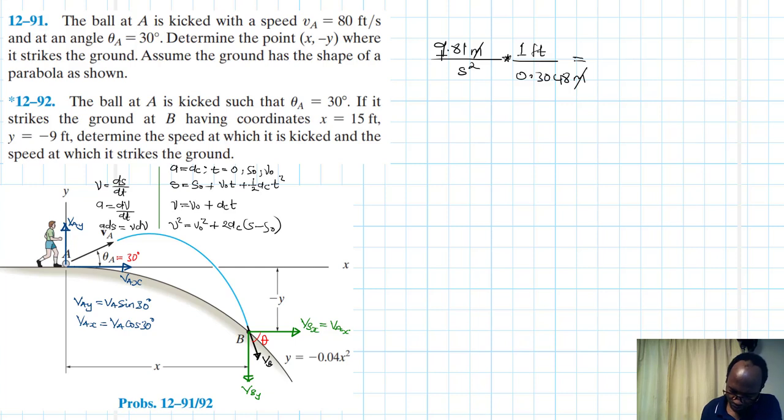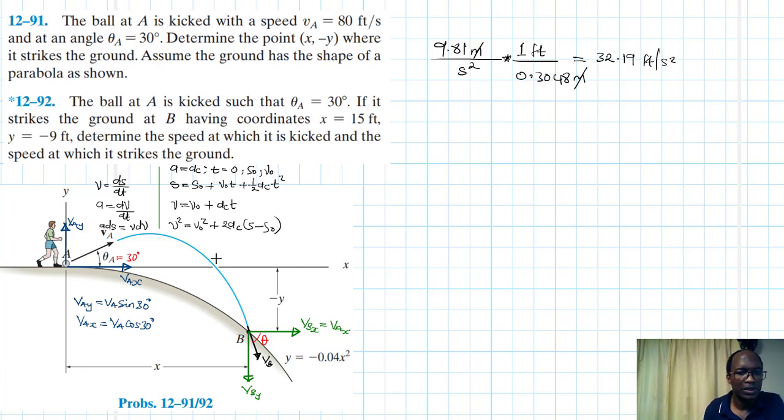Then we have 9.81 divided by 0.3048, which gives us 32.19 feet per second squared.